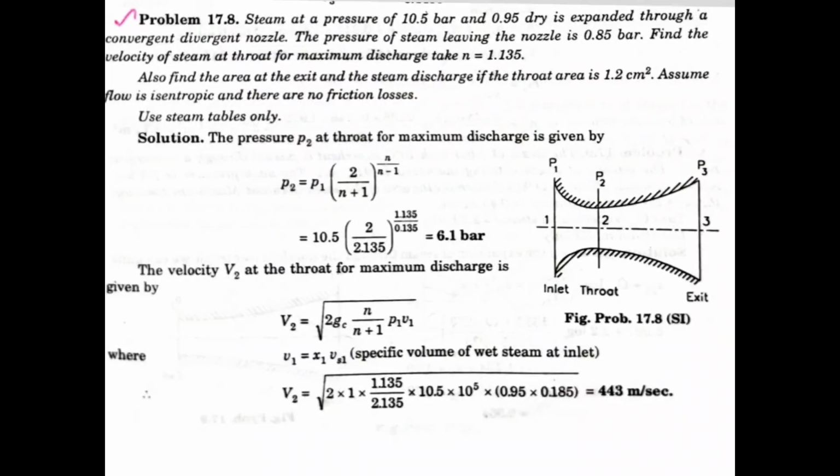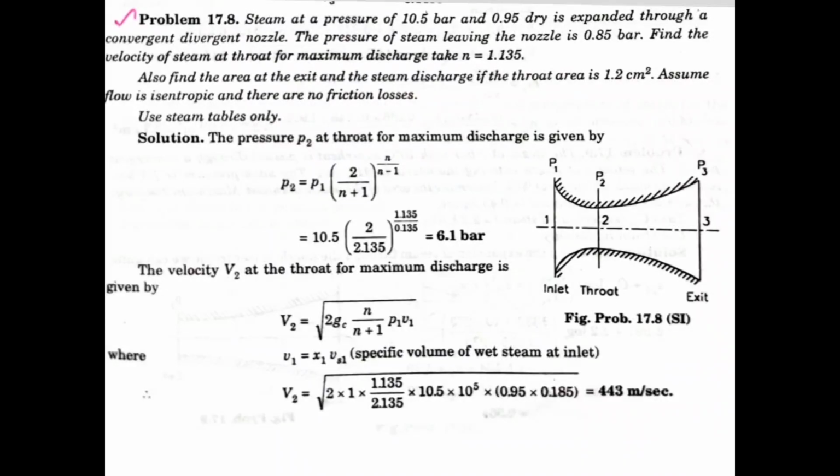Okay, so first of all, the given data: steam at a pressure of 10.5 bar, that is the initial pressure P1 equal to 10.5 bar, and 0.95 dry is expanded through a convergent divergent nozzle.